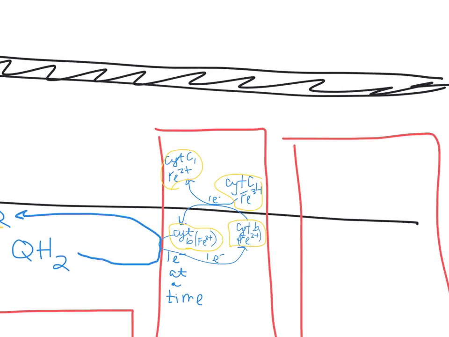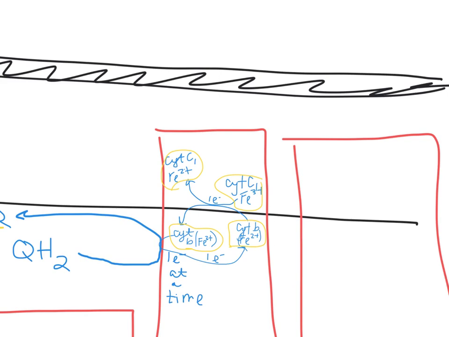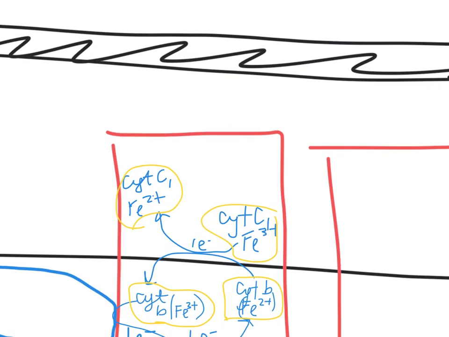And then finally, the cytochrome C1 is going to pass to a cytochrome C, just a regular C, again Fe3+, to become cytochrome C, Fe2+.